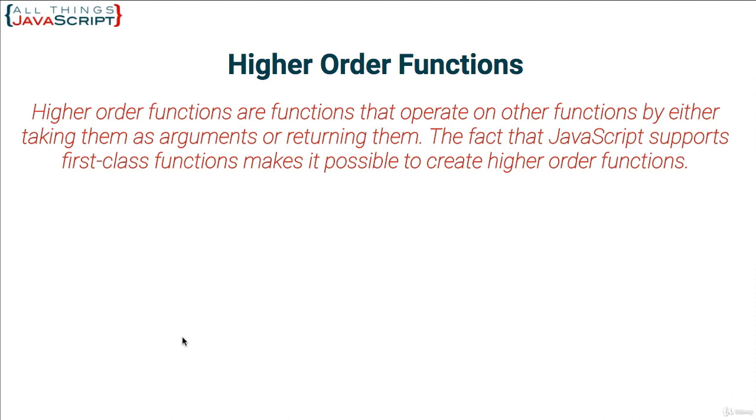So the fact that JavaScript supports first class functions makes it possible to create higher order functions. So the concept of first class functions explained how functions are treated in JavaScript. The concept of higher order functions explains how we use them.